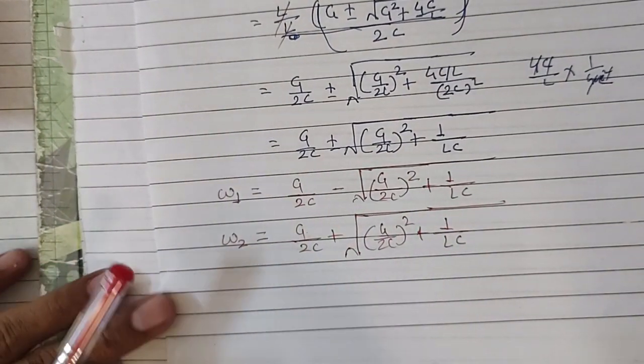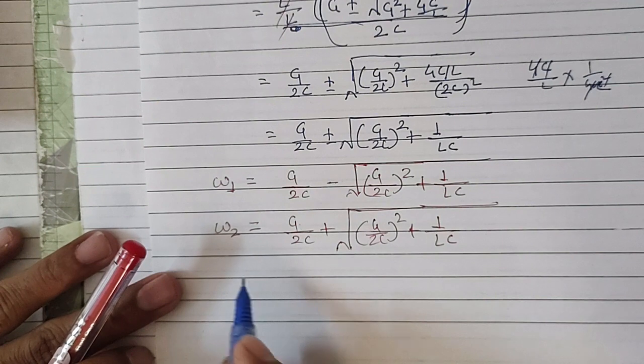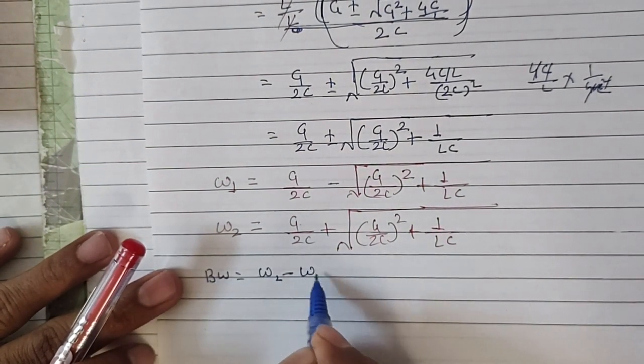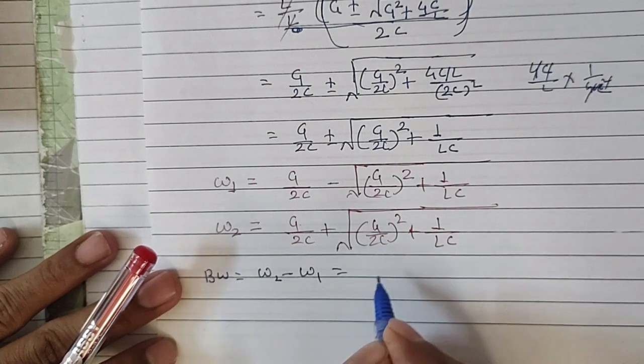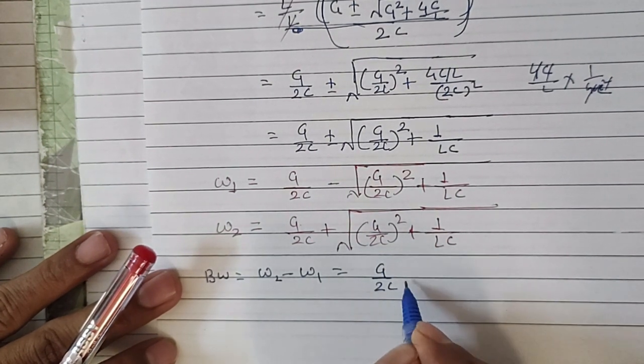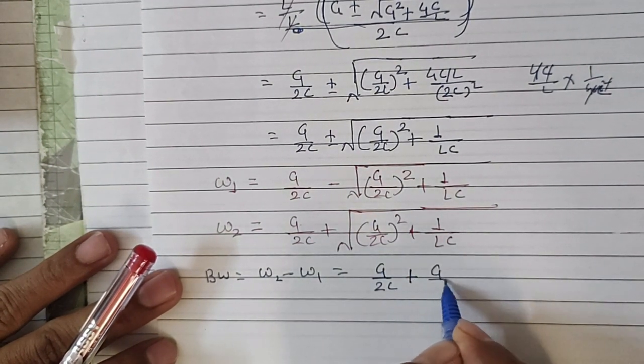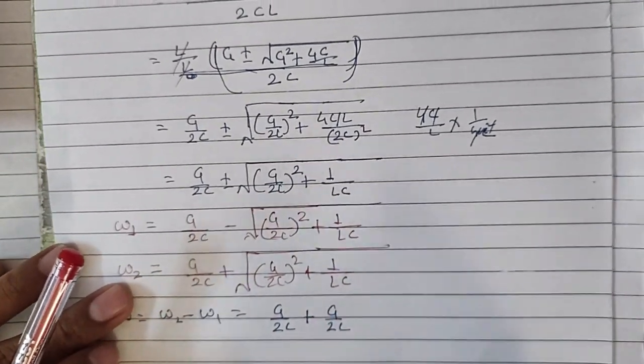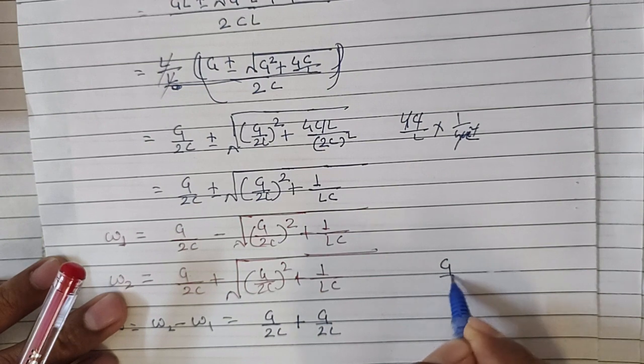So bandwidth, we know that it is omega 2 minus omega 1, so is equal to G by 2C plus G by 2C. We are ignoring 1 by LC because this is a very small quantity.